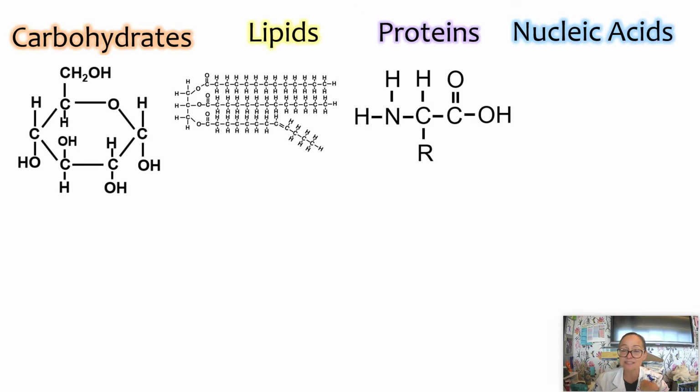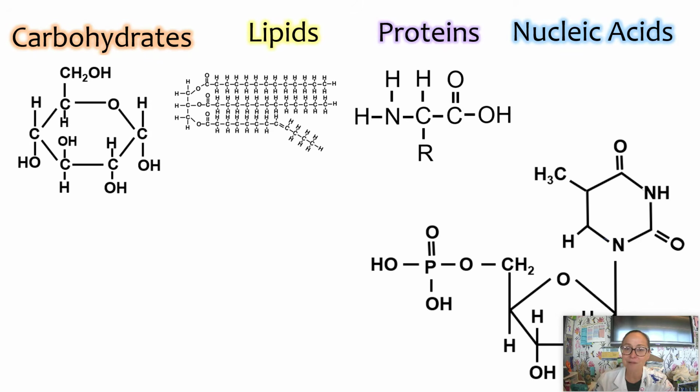Then we have proteins. The basic structure, or building block, of a protein is called an amino acid. We have carbon, hydrogen, oxygen, and nitrogen in proteins. The R that you see is more like a placeholder; there's not really an element with an R in proteins. Then our last organic molecule is our DNA or our RNA.